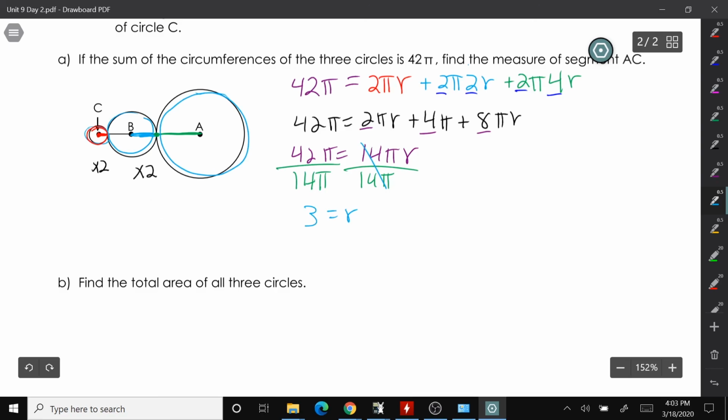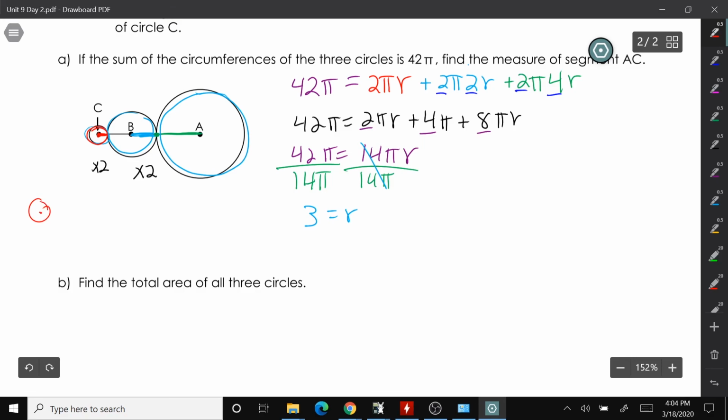So the radius is 3, and that's the radius of this small circle. Okay, so for the small circle, r is equal to 3. For the medium circle, and actually I should label these correctly, so circle C, I'm going to erase all this.